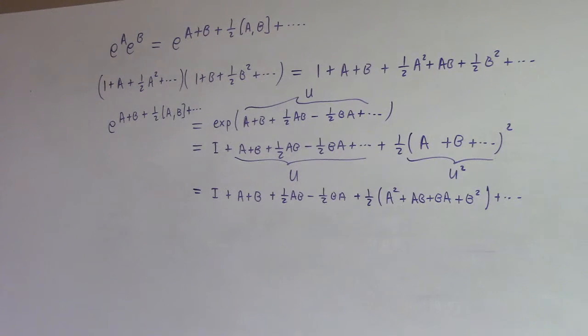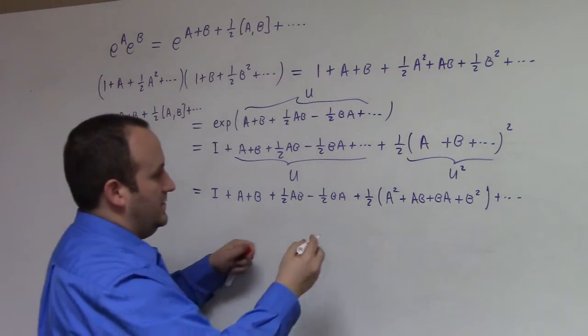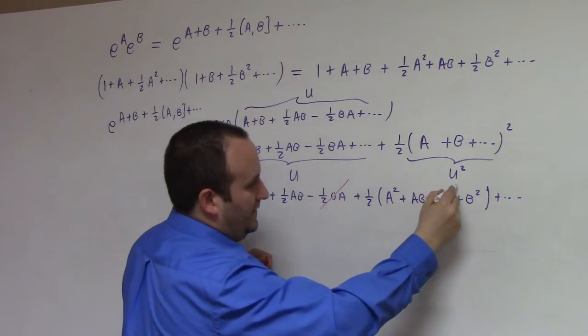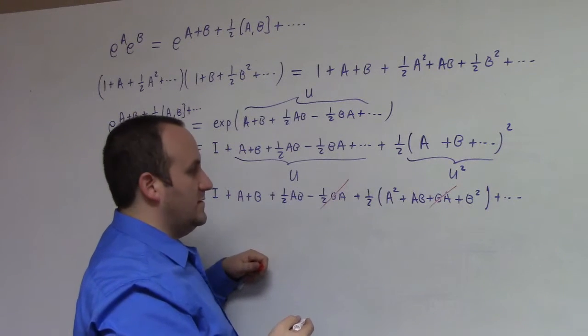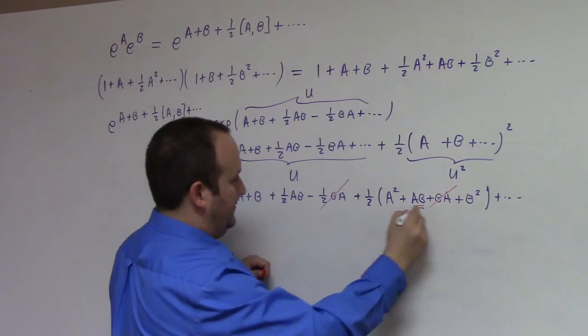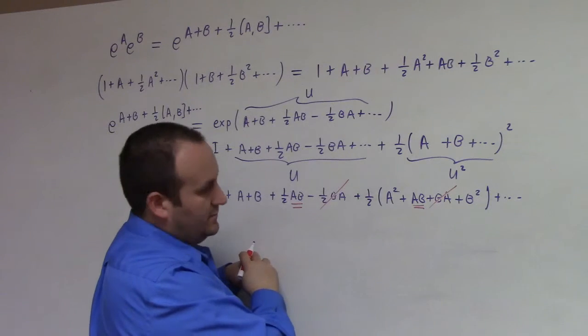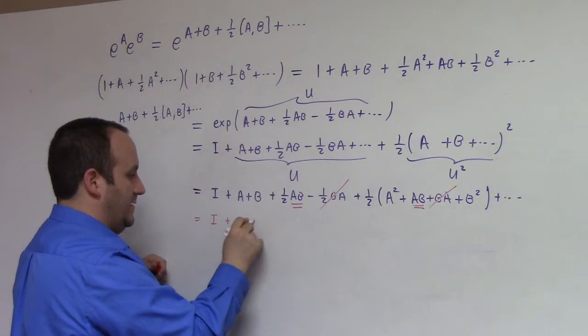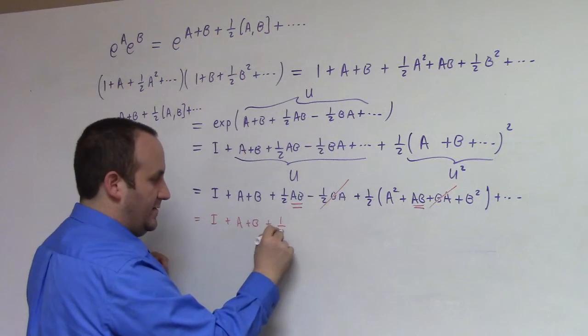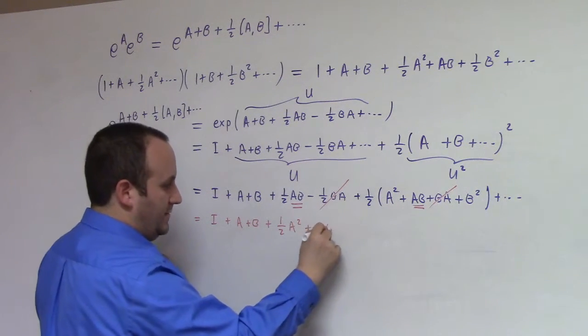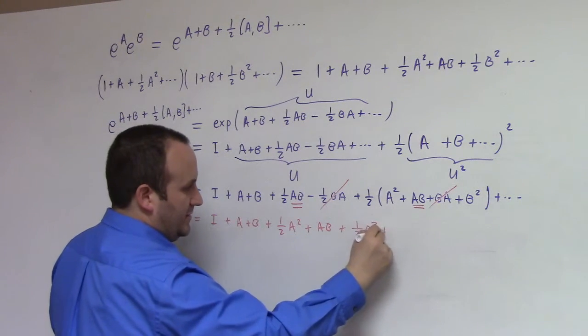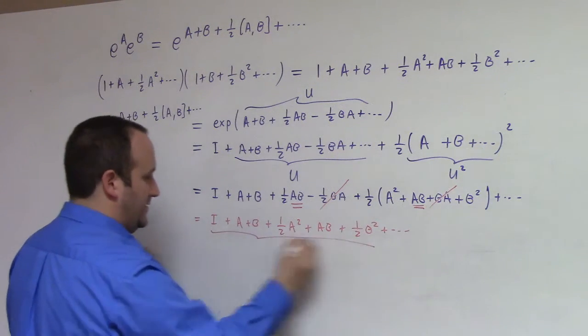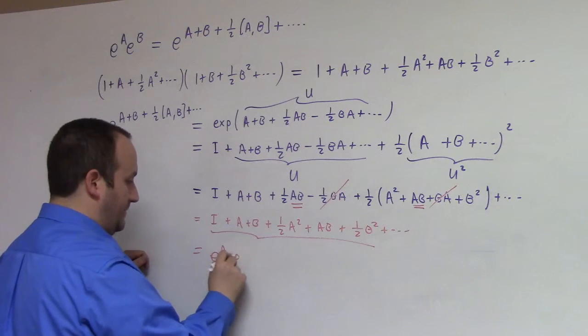And then you just have to cancel some stuff. For example, this guy and that guy meet an untimely fate. This one, on the other hand, reinforces that one. And there you have it: I plus A plus B plus 1/2 A squared plus AB plus 1/2 B squared. And that is exactly the quadratic order of e to the A times e to the B.